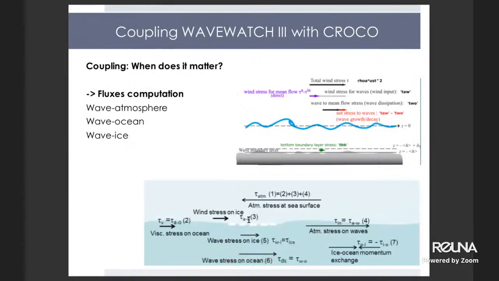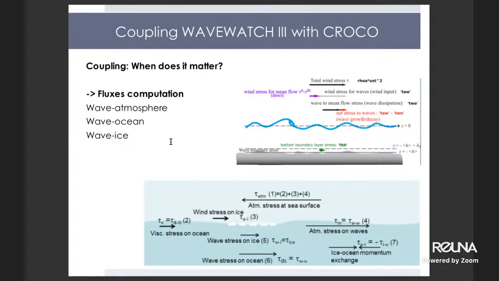So it matters for flux computation, and it can be quite complex. Here are two sketches representing the flux computation and the different parts of the fluxes used for wave generation, for wave to ocean energy flux, or from direct wind to ocean energy flux, or for boundaries.